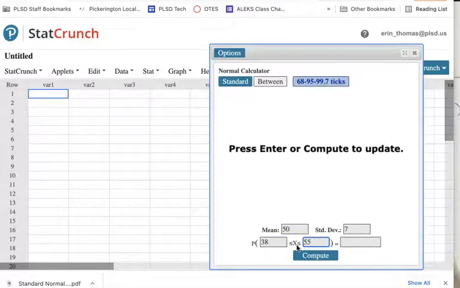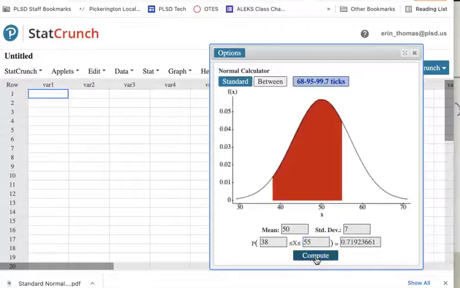So on my paper, when I'm using StatCrunch exclusively, notice it's giving me the picture, right? So that can help you. So I know my mean was at 50, my variable is X. So between 38, which is several standard deviations away. So 38's about right here.